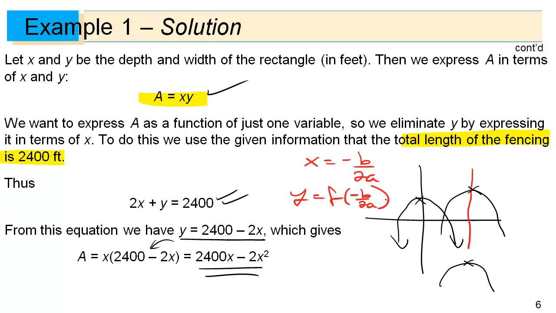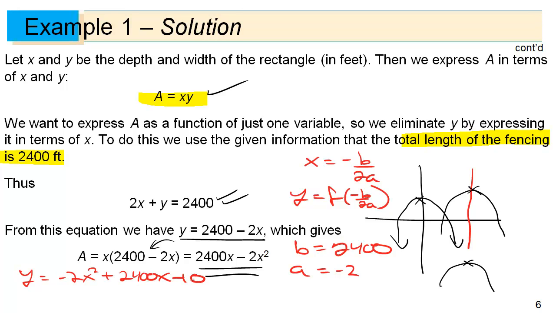If we had to do it as minus b over 2a, in this case, b equals 2400 and a equals -2, because this is really written as y equals -2x squared plus 2400x plus 0, and that would be our c in the ax squared plus bx plus c thing.